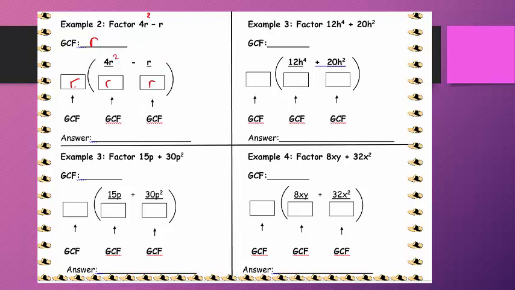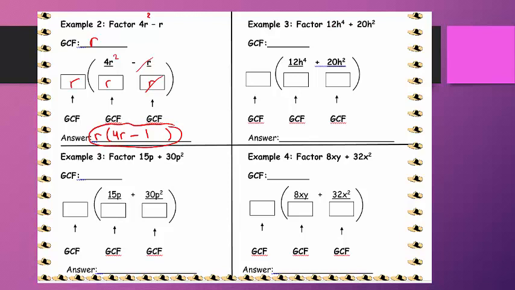And we just write our answer. Outside you have the GCF, then parentheses. Your 4 is not going to change. r squared over r is just r. Keep the minus. And anything over itself is always 1. Be careful, it's not 0, it's 1.